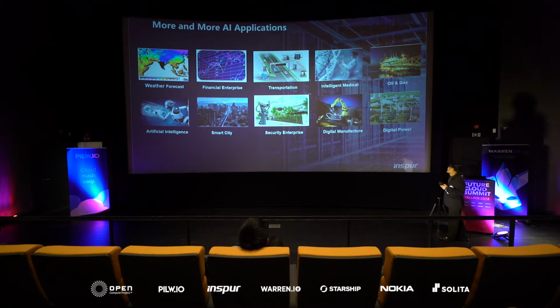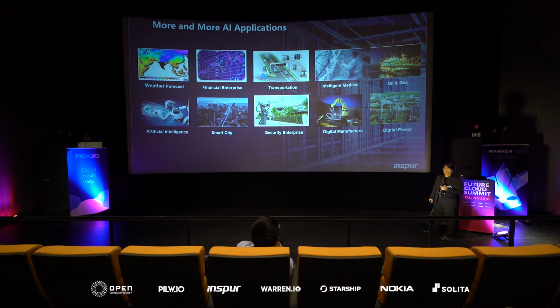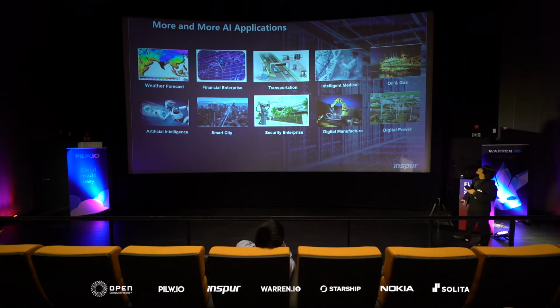And the China government did a very interesting experiment. They can find a person who came from another country in below 10 minutes. That's very interesting. And there are also a lot of applications that need our AI engine.